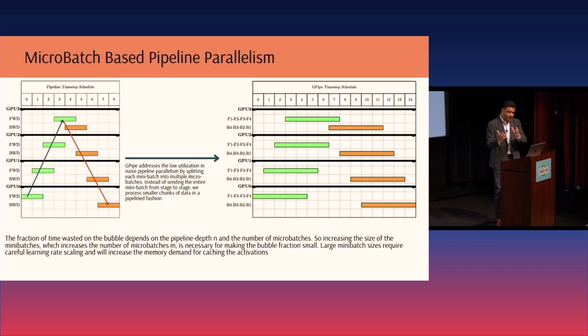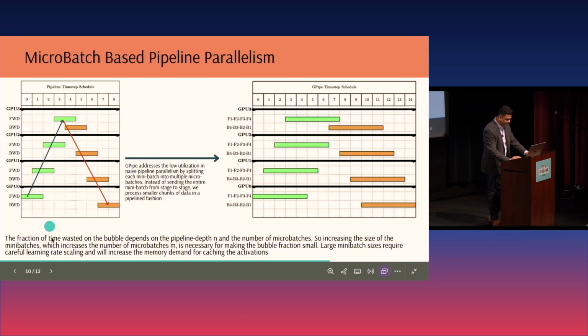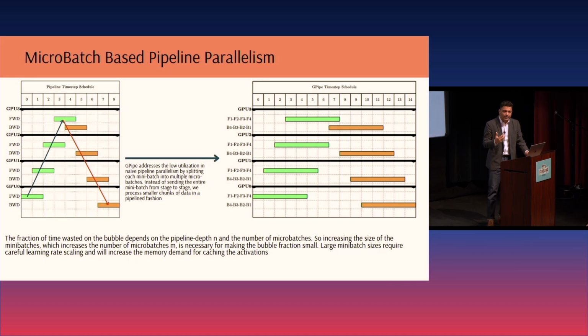Once the data has propagated, you have a backward propagation happening, and a similar cycle continues. The white spaces that you are seeing are what you can call bubble time. So you have a situation where your GPUs are staying in an idle state, which can impact the overall throughput that you can get from your system.